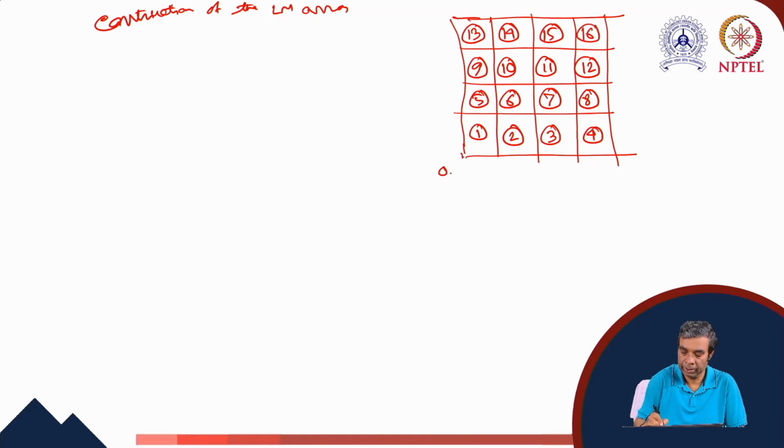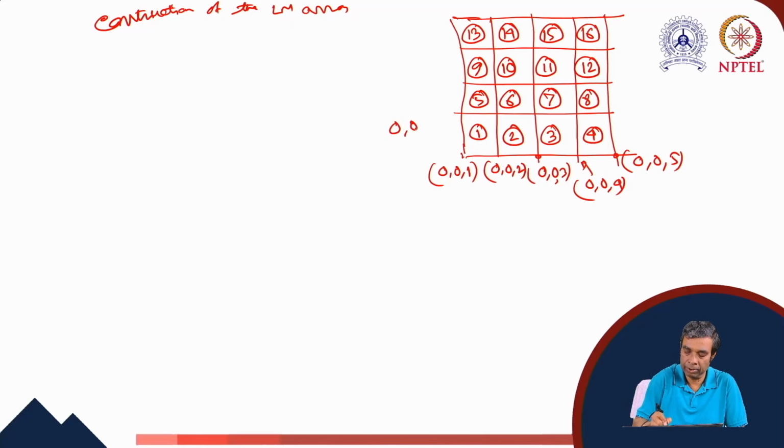The equations are 0, 0, 1, 0, 0, 2, 0, 0, 3 here, 0, 0, 4, 0, 0, 5 here.